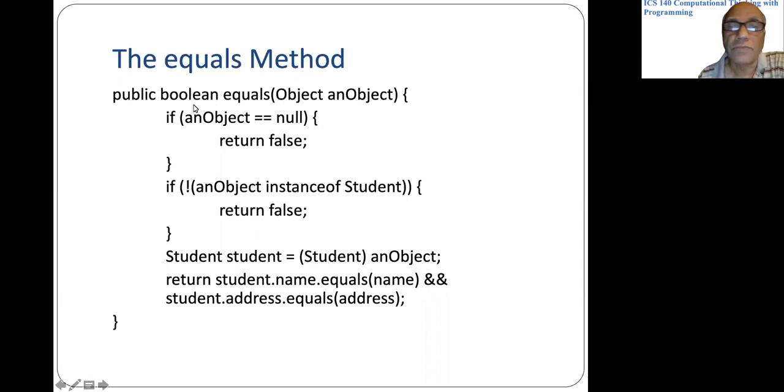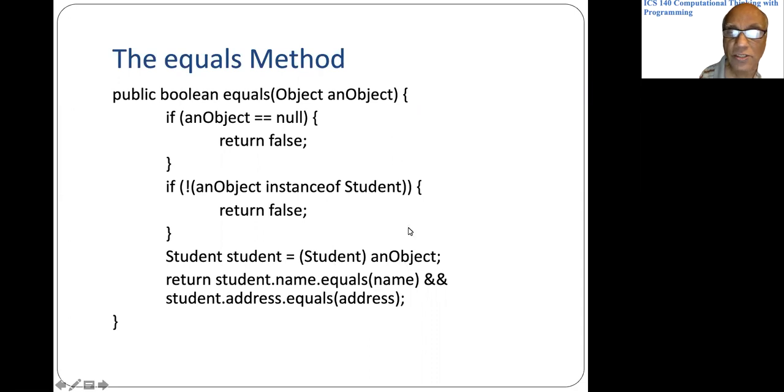If so, the Student object cannot be equal to that, and the return type is, of course, boolean, so return false. And this is checking whether the object is of type Student. If the object is of type Student, then this will return true, and if it is not of type Student, then we return false.